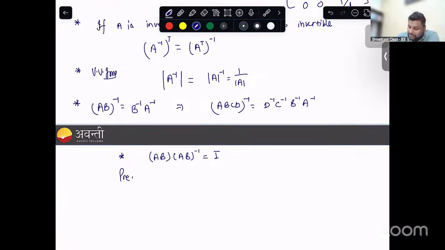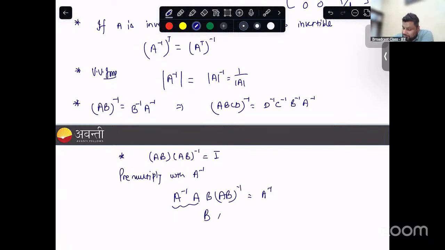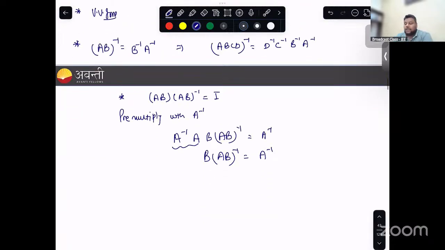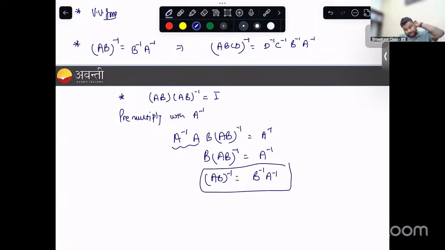Now pre-multiply with A inverse. So it will be A inverse AB, AB inverse equals A inverse. This A inverse into A is I. So it is B into AB inverse is A inverse. Now again pre-multiply by B inverse. Then you get AB inverse will be B inverse A inverse. That's it.